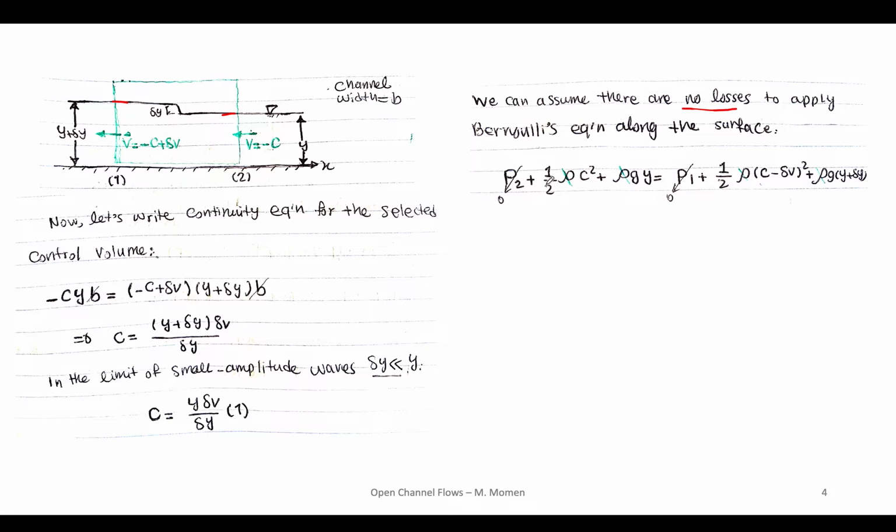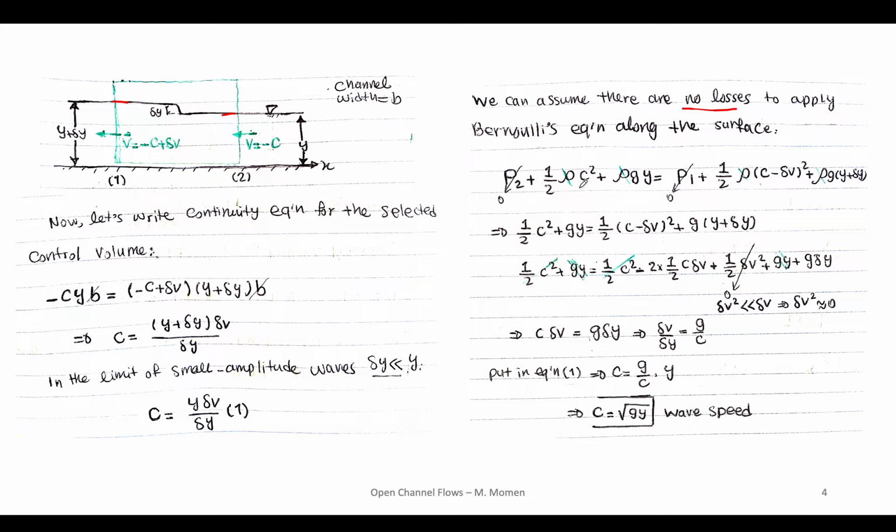And after that, I can cancel all these densities, because the water density is constant in your system, right? So this is going to give me this equation. I'm going to get 1/2 c squared plus g y equals 1/2 (c minus delta v) squared plus g (y plus delta y).